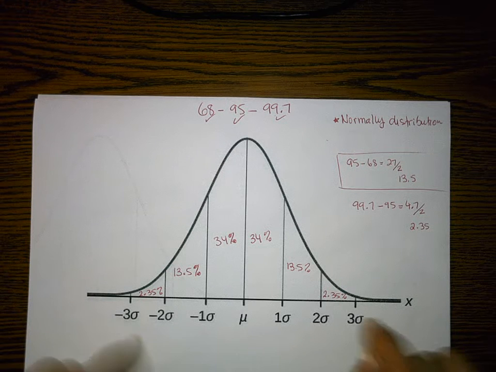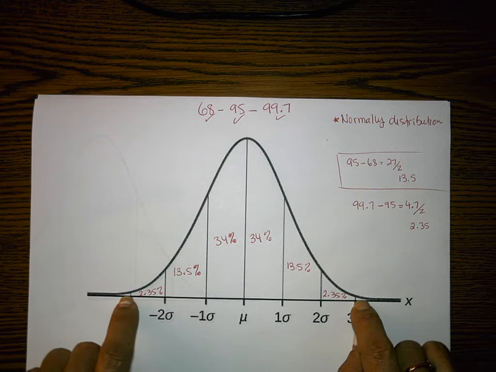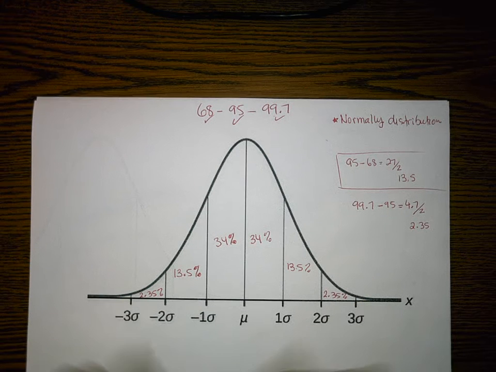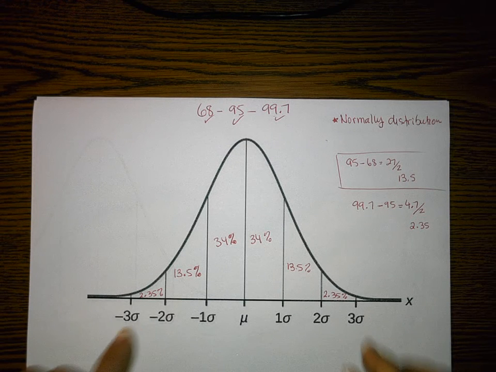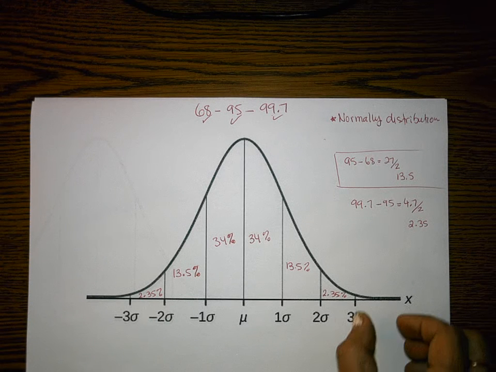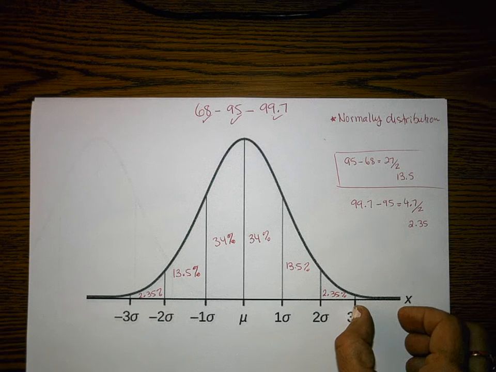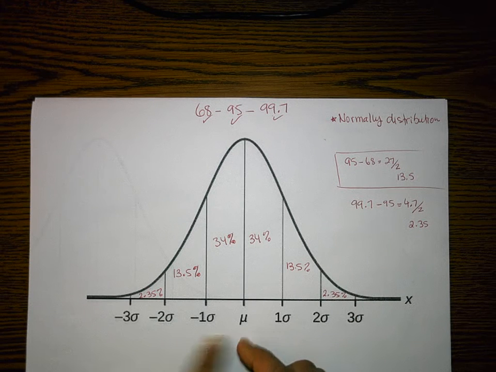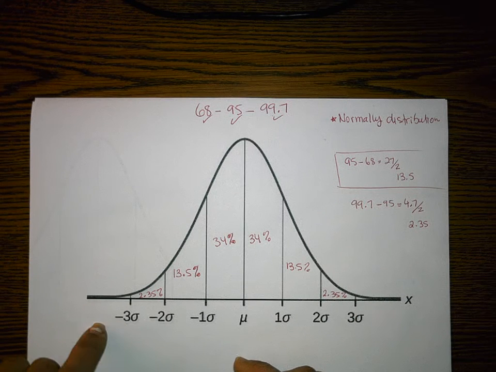Now, what happens to this teeny little amount, very, very small amount that I didn't count? We say that under the curve, you'll have 100% of the values. We want to have all 100%, all the values accounted for. Those are the values that are extremely rare, the values that are above 3 standard deviations above the mean, and values that are 3 standard deviations below the mean.